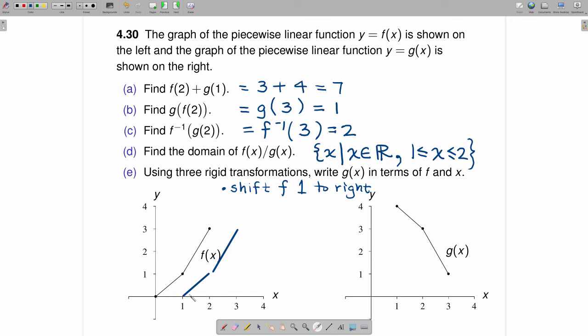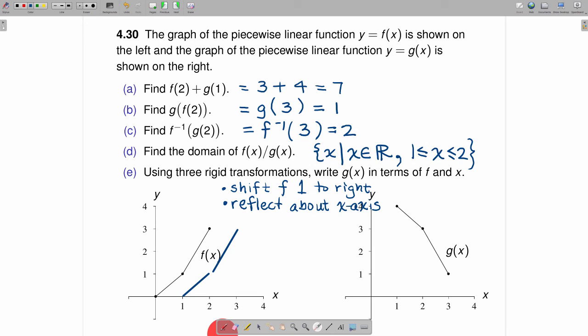Now, the second thing we have to do is reflect that graph about the x-axis. Now, I'm out of room here, and I don't have room to do it, but this function right here, if you reflect it across the x-axis, will look something like that, and it'll be down below.